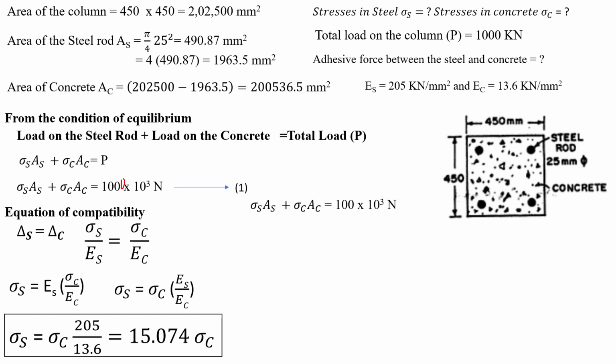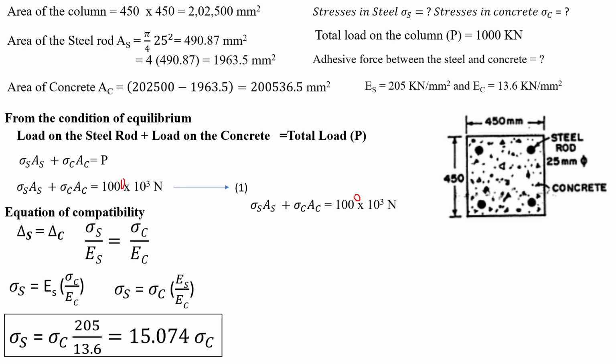And let's see the first equation, equation 1. Sigma S AS plus sigma C AC equals, so here it will become 1000 kilonewton, so 1000 into 10 to the power of 3 Newton.